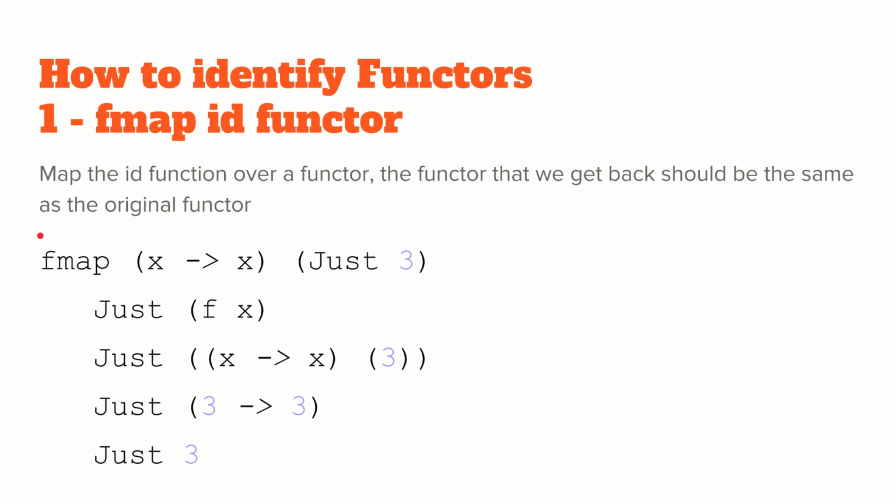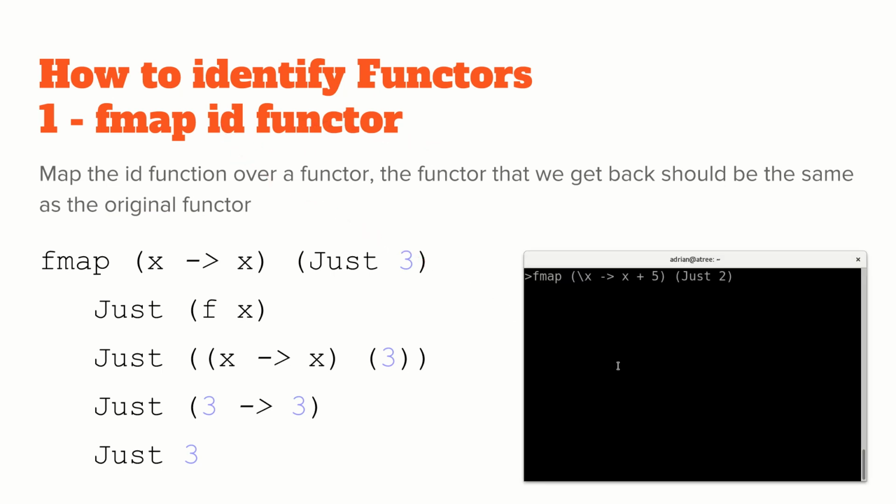So the first one is fmap id functor. The id function is just a one parameter function that returns exactly that one parameter, unmodified.